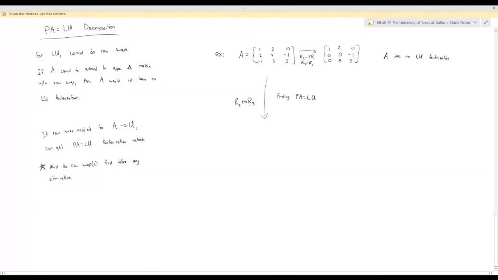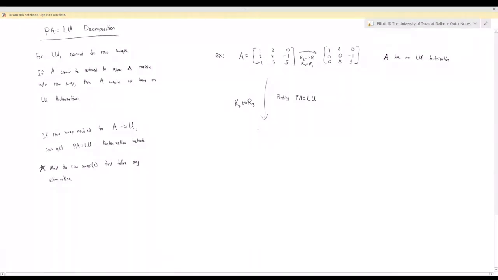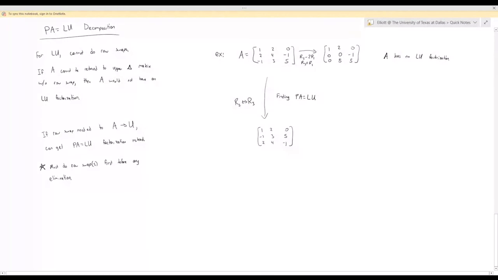Now, as I said earlier, for PA equals LU, you want to do the row swap first. So before I do this elimination, I'm going to swap the rows first here. Swapping row 2 and row 3 will give us this new matrix. Okay. And now we're going to do elimination.